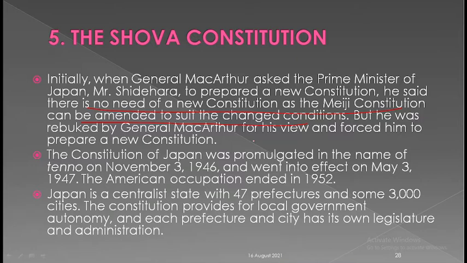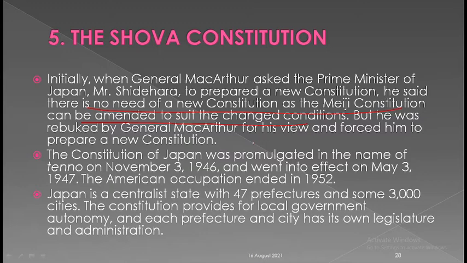The Prime Minister first opined that they already have the Meiji constitution, and that it can be amended to suit the changing scenario. But when he said that, General MacArthur mocked him, rebuked him, and somehow forced him to prepare a new constitution.